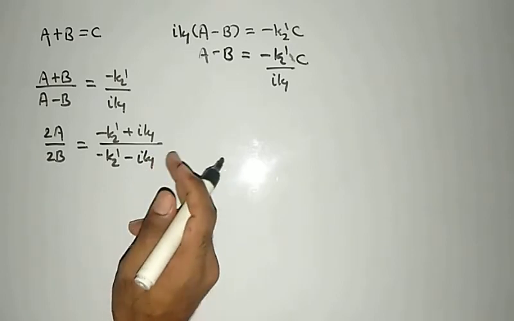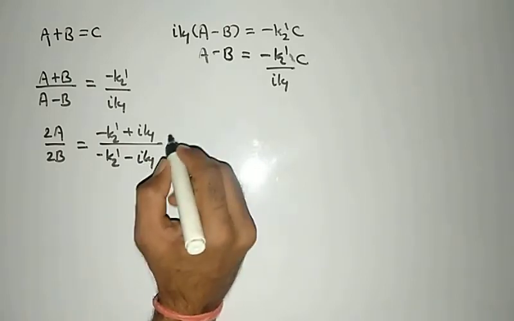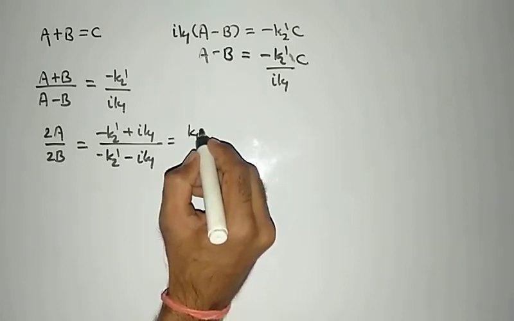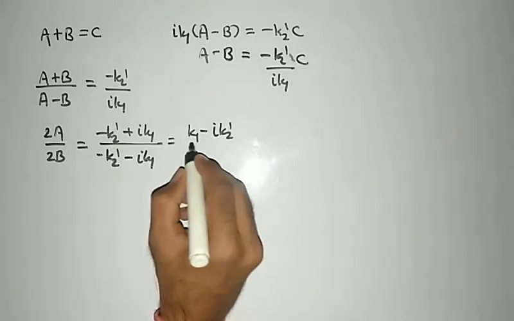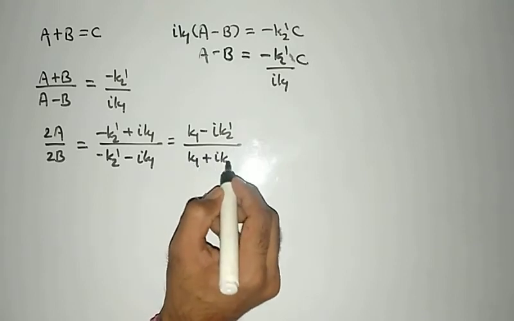Now take this i common, you can take minus i, so we can write it as (k1 minus ik2')/(k1 plus ik2').